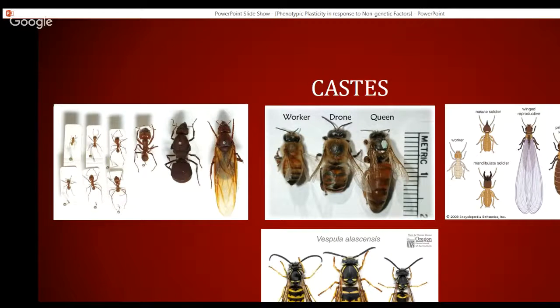There's 3 different castes, and they vary in size, and they also differ in their task. Termites, on the right, have many different castes and shapes, and then also we have given an example of a wasp here, and they also have 3 castes, and it's basically just size that they differ in.